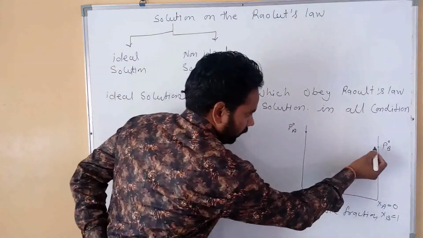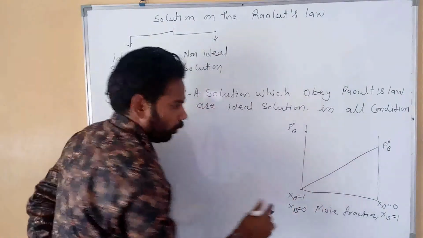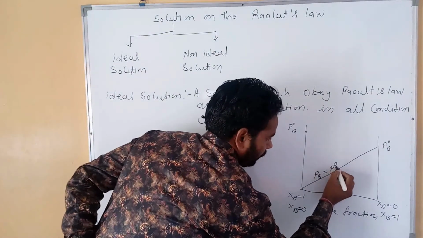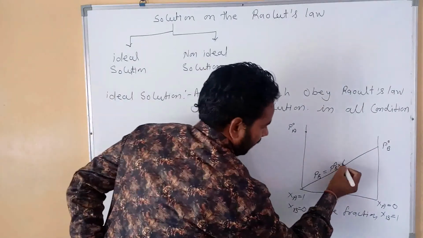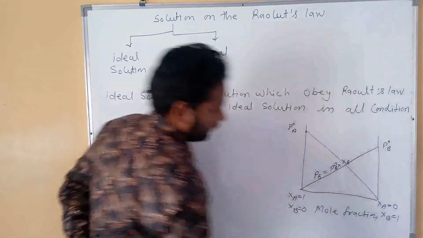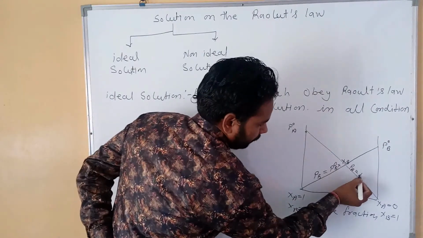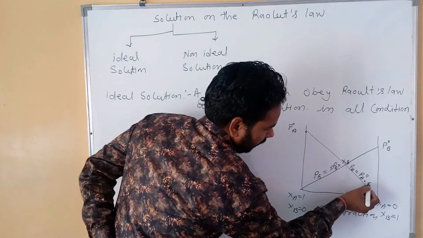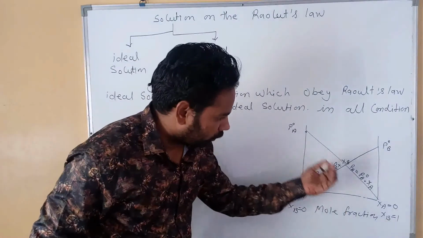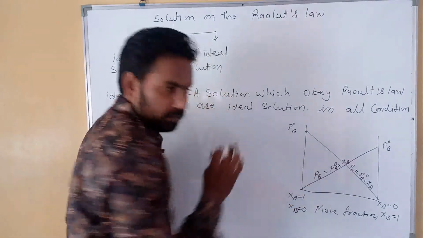Okay, then we draw one line here. This line shows Raoult's law: PB is equal to PB0 into XB. Then the second line shows, according to Raoult's law, PA is equal to PA0 into XA, where PA is the partial vapor pressure of component A, and the partial vapor pressure of component B is PB.